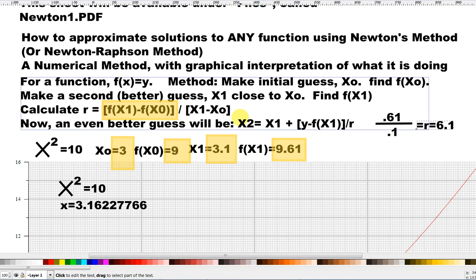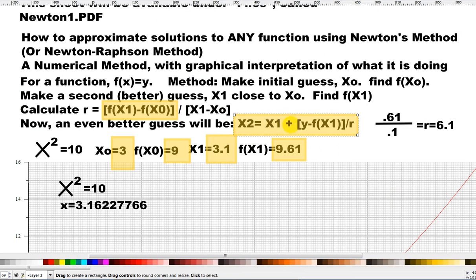We could go through and do this again and again to get even better and better answers. The last step says to get x2, which will be an even closer answer to the solution, x squared equals 10. So our even closer answer, x2, is take the number x1, which is our slightly better answer, 3.1, and let's adjust it. Well, how do we adjust it?